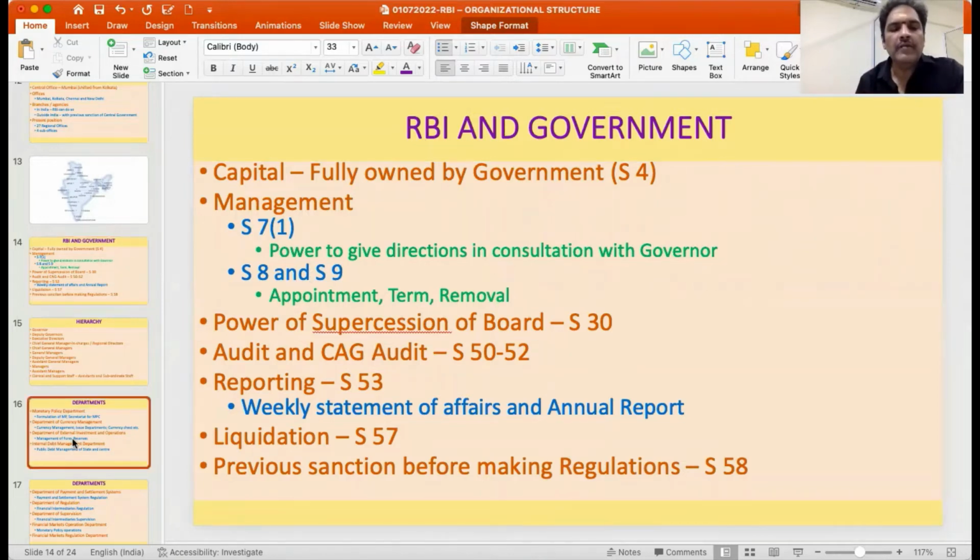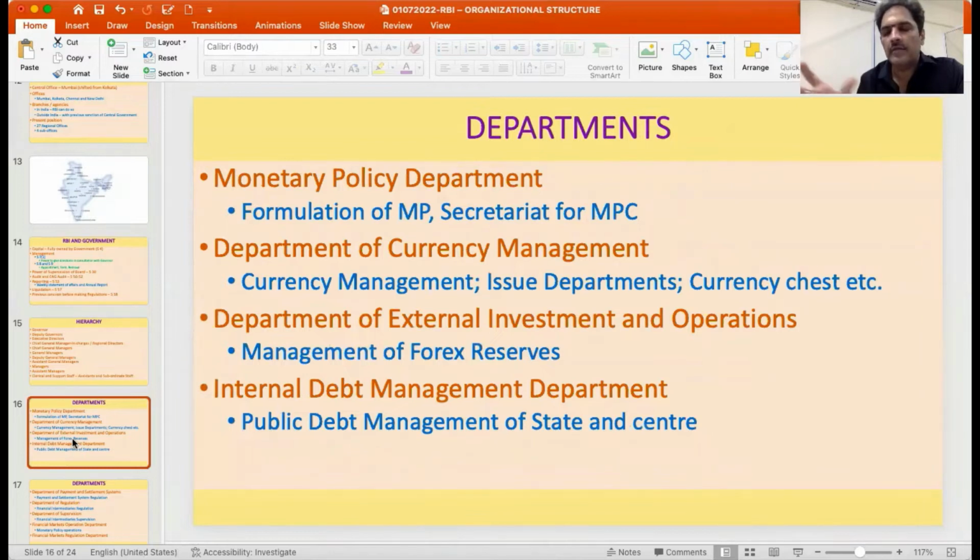But the problem between Reserve Bank and central government will generally be because RBI is focused on inflation and government is focused on growth. And sometimes when you want to take up the high growth path, it will have implications of inflation, because of which the RBI will try to hold the strings and pull them down. So that's the relationship that is there.